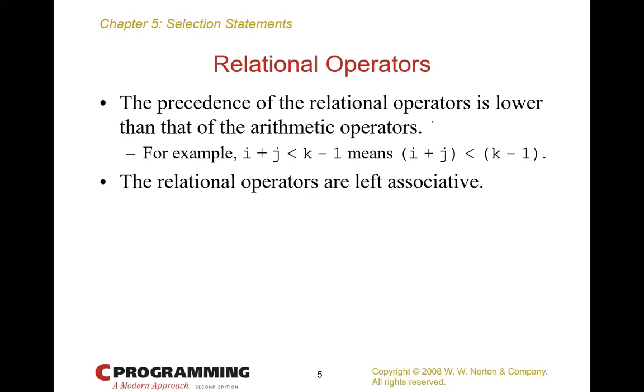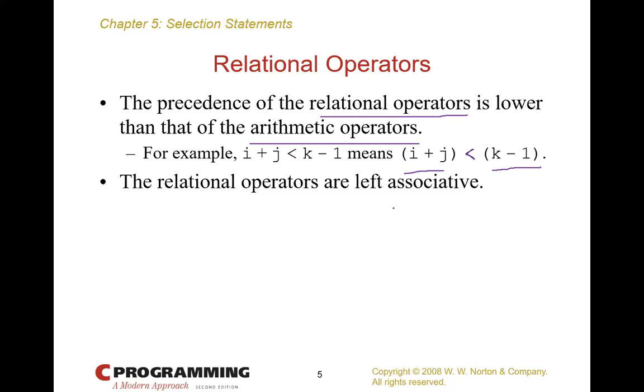Precedence of the relational operators is lower than that of the arithmetic operators. So after the arithmetic operators, we will have the relational operators. For example, i plus j less than k minus 1 means i plus j will be evaluated, k minus 1 will be evaluated, and the results of them will be compared using the relational operator less than.